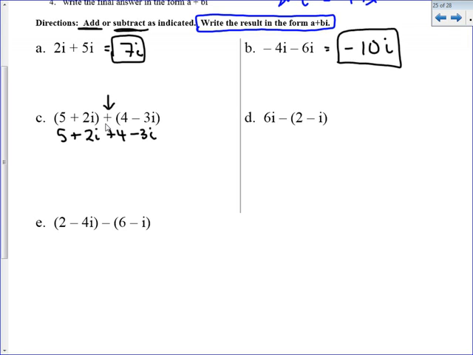Find your like terms, put the real ones first, the imaginary ones second. So I can combine my real terms. 5 plus 4 is 9. And I can combine my imaginary terms. 2i minus 3i is minus i. Or if you need your ones there, you could put -1i. But we usually would put just minus i.